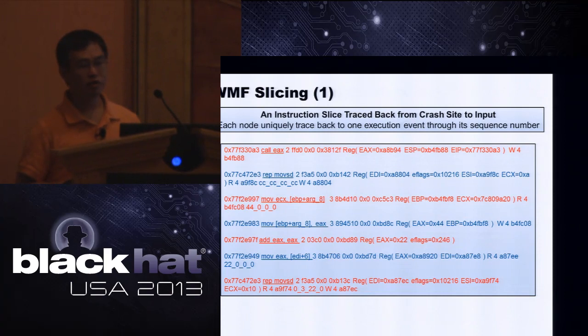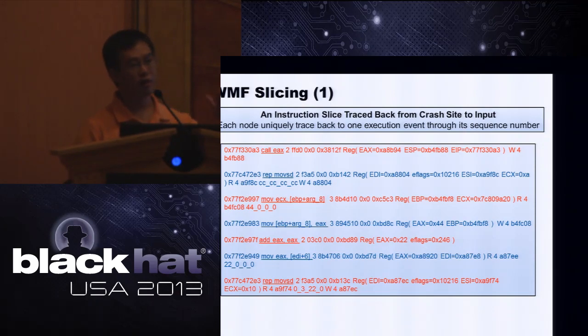We also collected the slicing. We get each individual instruction involved in moving the input bytes from the input file all the way to the point where the exception happened. It makes a little bit of sense when you look at them individually.